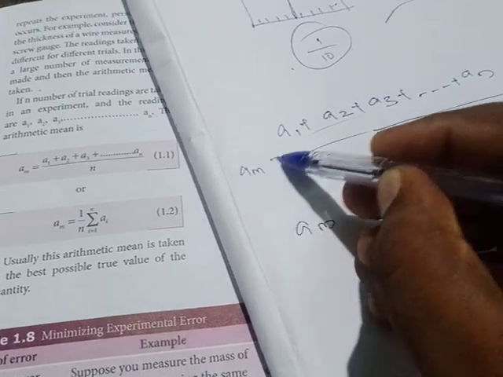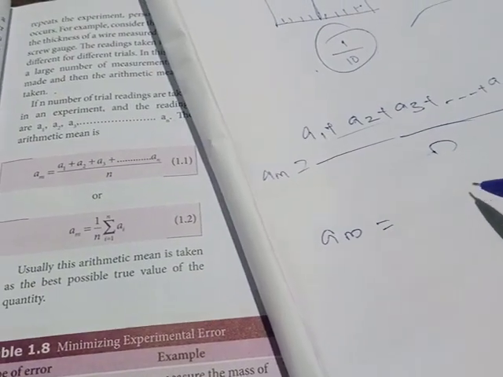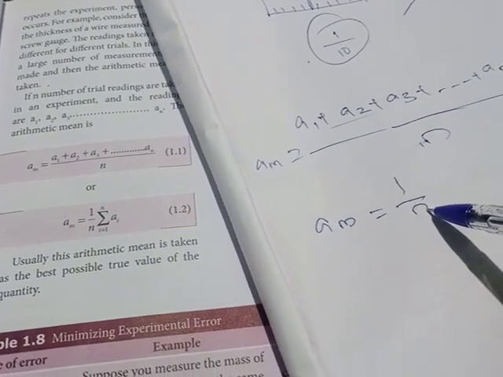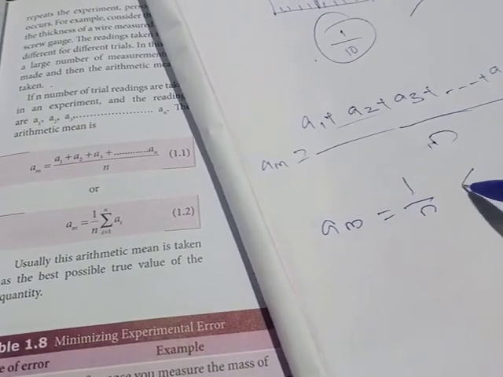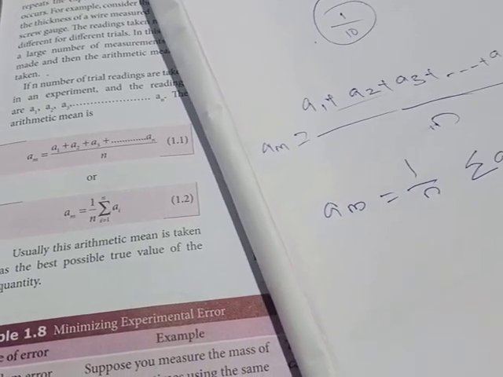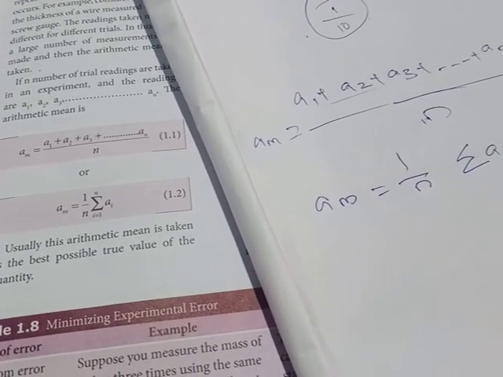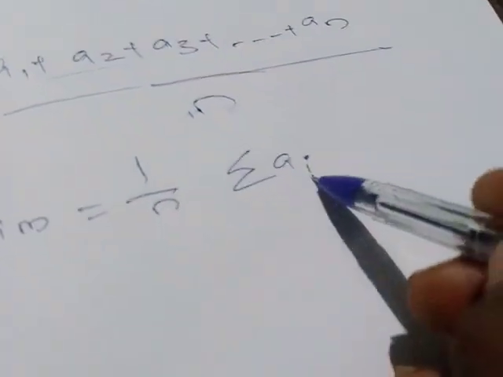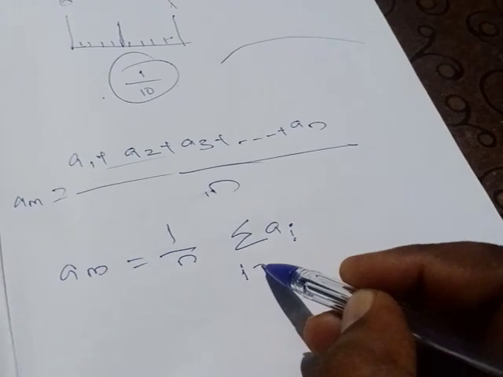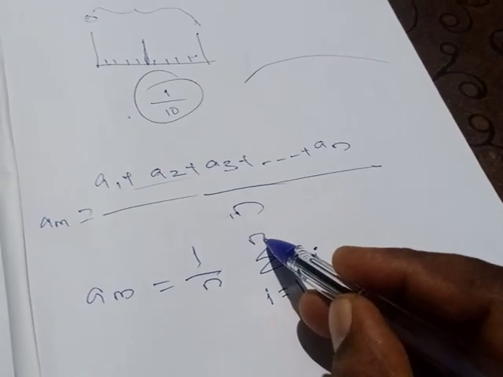AM is equal to 1 by n, taking n out, then sigma summation of AI, where I is equal to 1 to n.